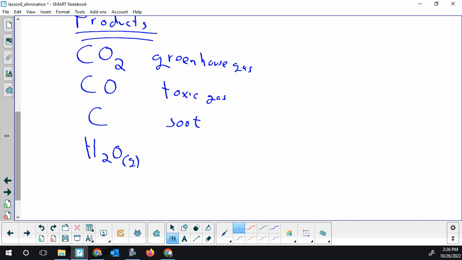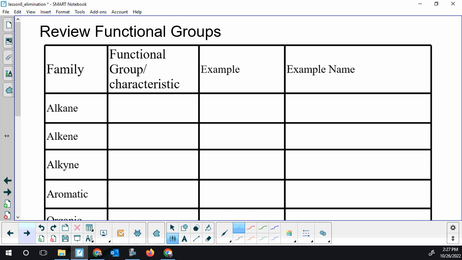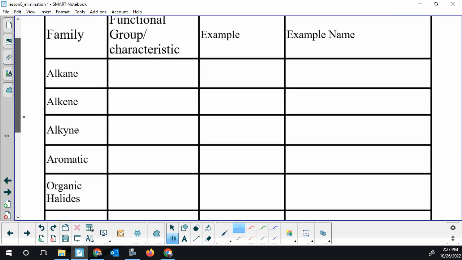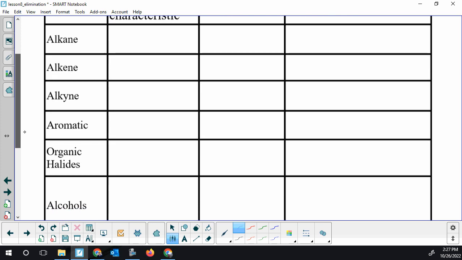So that's it for writing for this lesson. I'm just going to end with some optional slides you may want to go and fill in and make some nice summaries. So I've laid out a structure to make yourself a review guide. I've listed out all the families: ane, ene, ine. We've got aromatics. I didn't put the cyclos in.